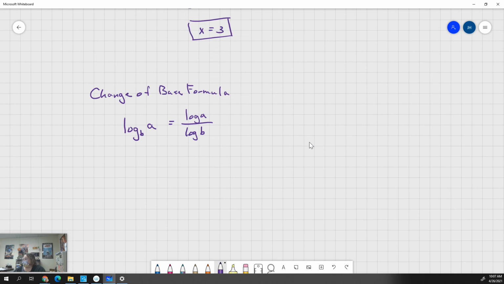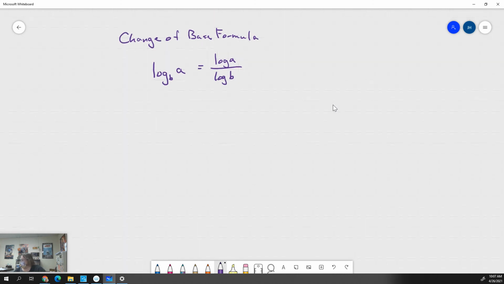So if I have, say, log base 16 of 64, and I need to evaluate, I have to come up with a numerical solution. I need a number solution to this problem. I'm going to go, okay, well, I need the change of base because 16, 64, I don't know how to make those.